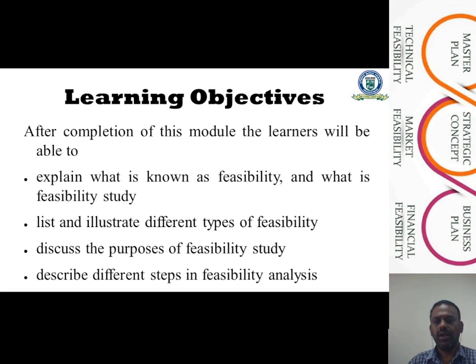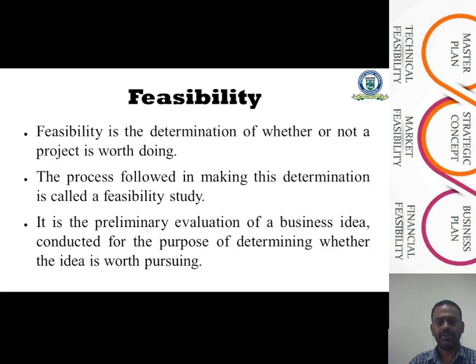After completion of this module, the learners will be able to explain what is known as feasibility and what is feasibility study, and they can list and illustrate the different types of feasibility. They can discuss the purpose of feasibility study. They will be able to describe different steps in feasibility analysis.